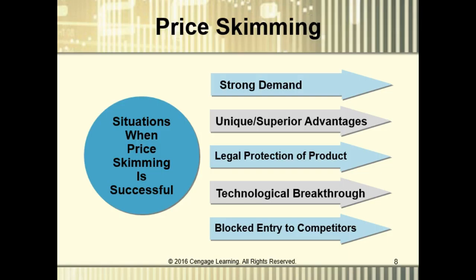Companies will often use price skimming for new products when the product is perceived as having some sort of unique advantage over anybody else, or potentially being the first product to the market. That's also called the first mover advantage. And over time, over the product life cycle, the price of the product tends to be lowered.